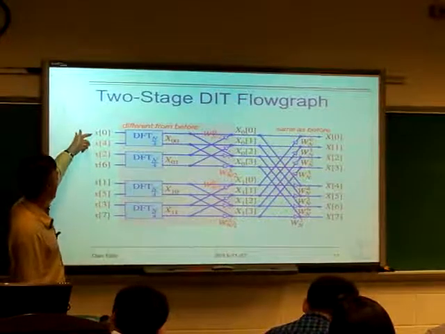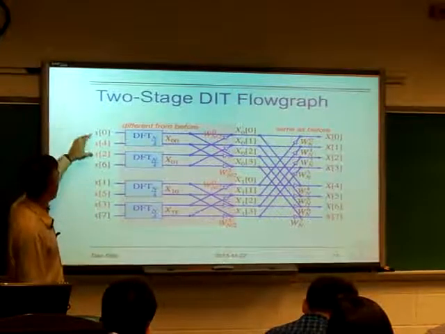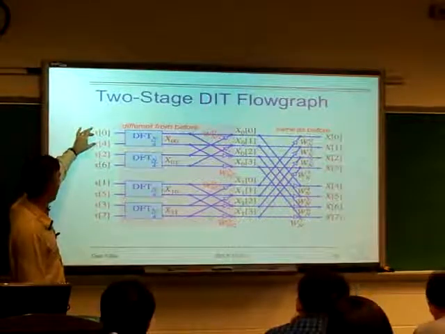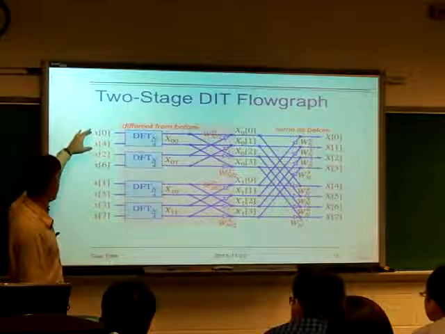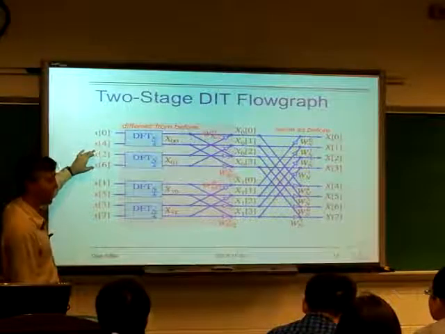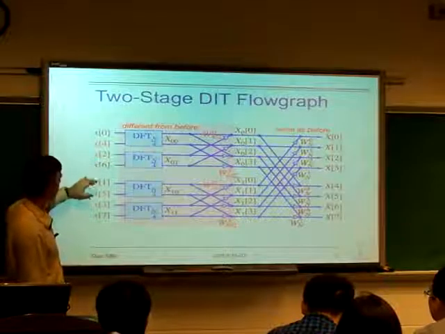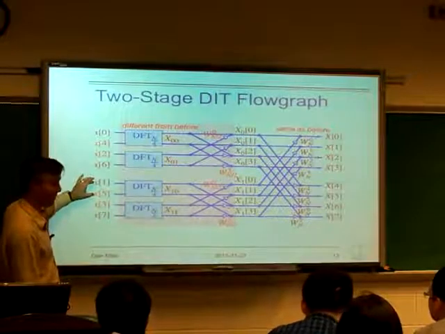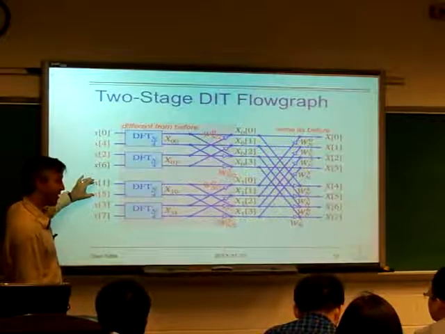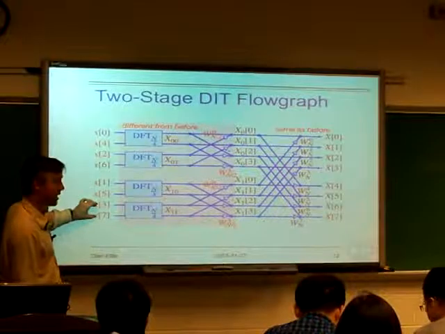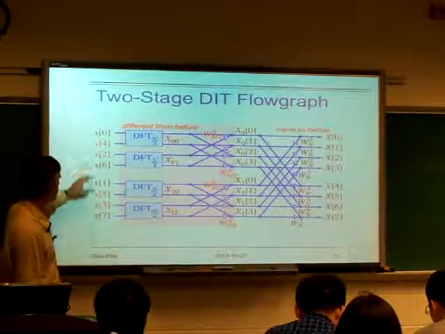And now these are these subsequences. Before we had x 0, 2, 4, 6. So the two even index values were 0 and 4, and now they're up here. And the two odd index values were 2 and 6, and they're down here. And before we had 1, 3, 5, 7. So 1 and 5 are now the even indexed values of the odd index sequence, and 3 and 7 are the odd index values of the odd index sequence.